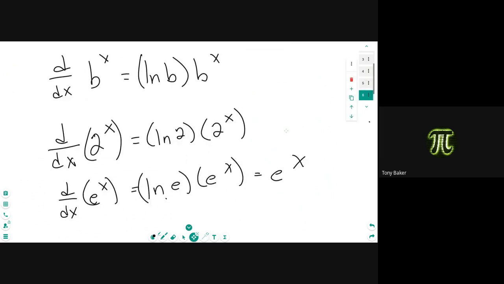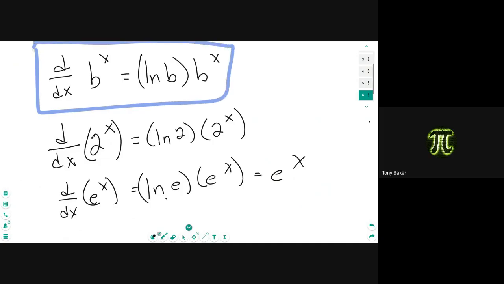The nice thing is you never have to do that again. Now it becomes a rule. That's the rule, and it always works. It even works with e to the x. E to the x is just easier to remember as e to the x, without having to go through that step, but it works.